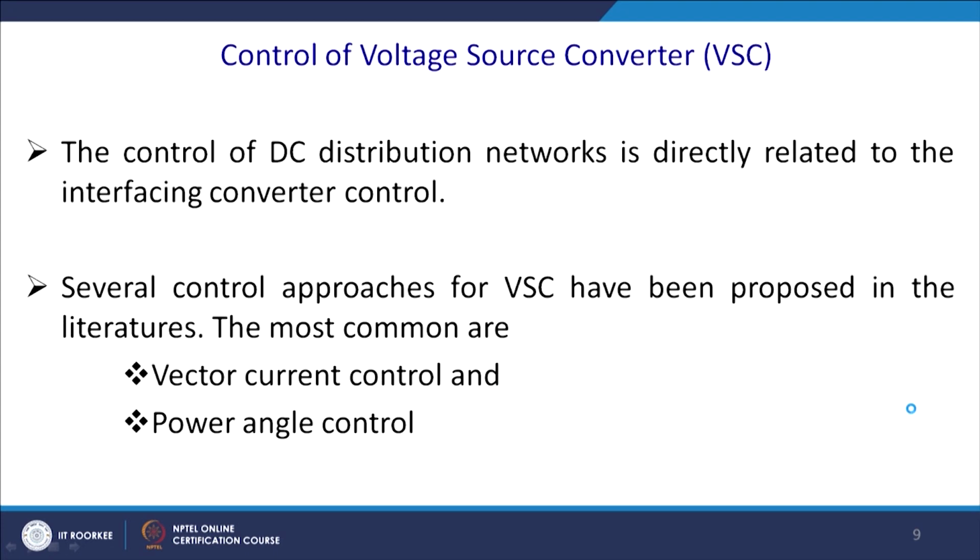The control of the DC distribution network is directly related to interfacing converter control. Several control approaches for voltage source converters have been proposed in the literature. The most common are the vector current control and the power angle control.